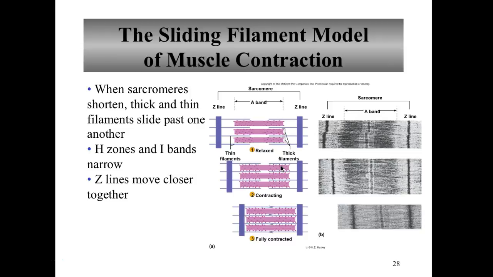Sliding is going to continue until the overlapping between the thin and thick filaments is complete. So in a relaxed muscle cell, overlapping of thick and thin filaments is only slight. That is, you get striations. However, this changes in muscles during contraction itself.